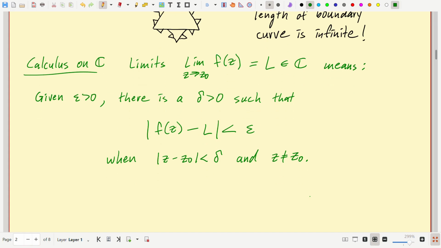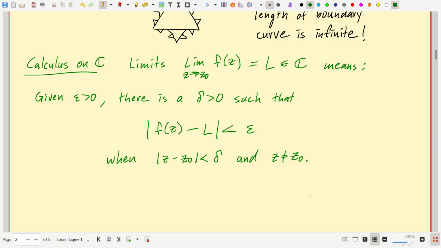And if you look at that for about half a second, you realize, boy, that looks exactly like my freshman calculus book, except in the freshman calculus book, that thing is an absolute value, not the modulus, and the z is a real number instead of a complex number, et cetera, et cetera.